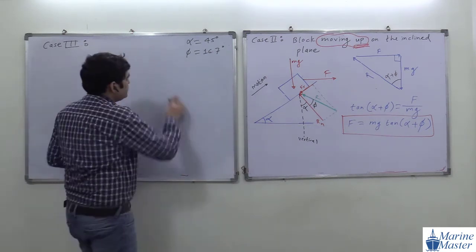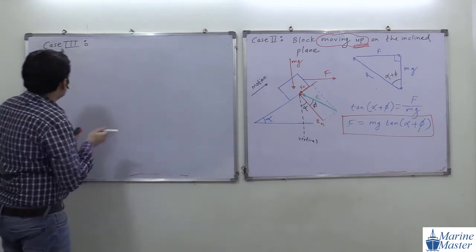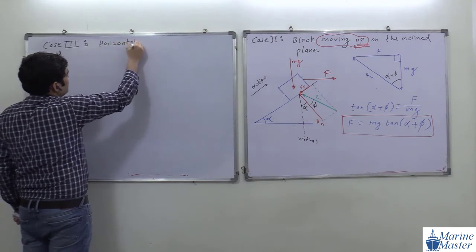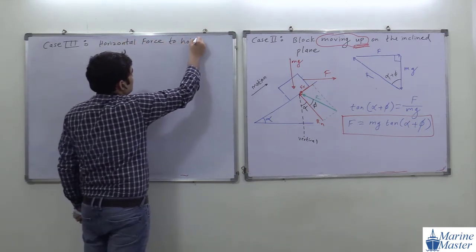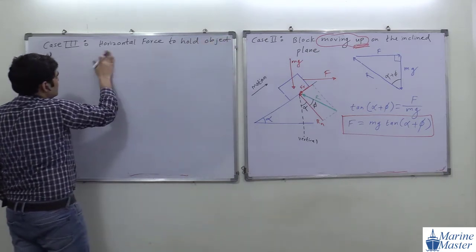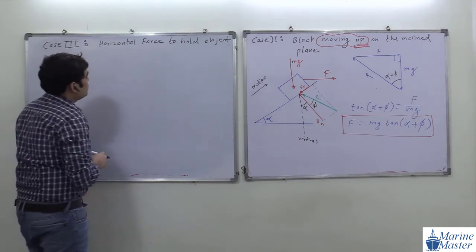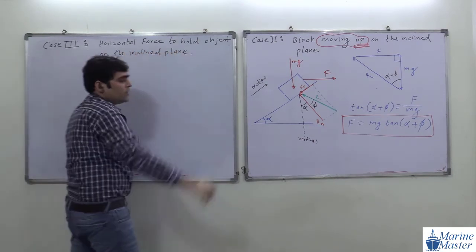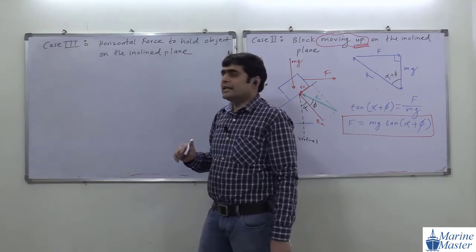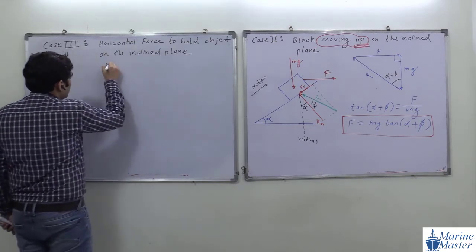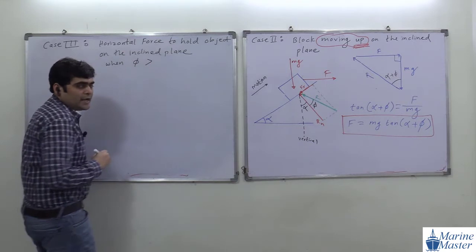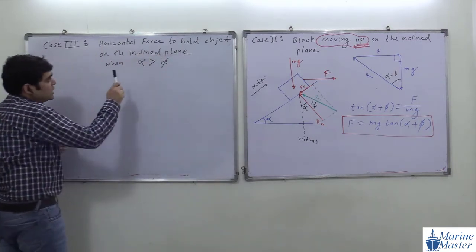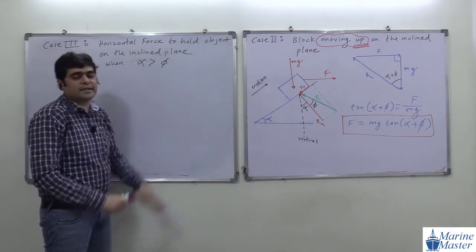So guys, what will be case 3? Horizontal force to hold the object on the inclined plane when alpha is greater than phi.